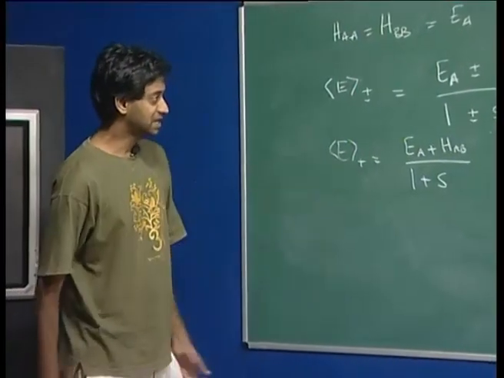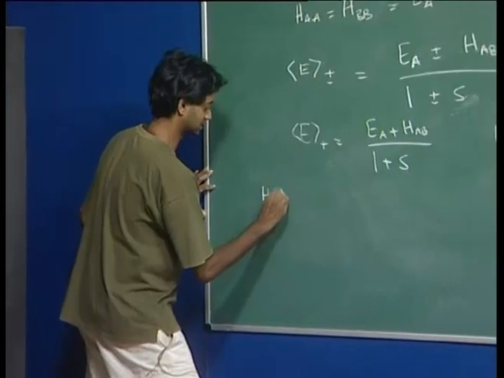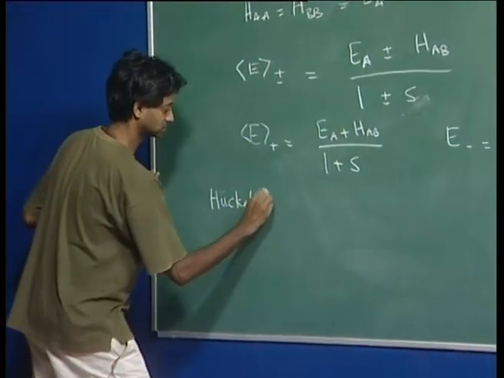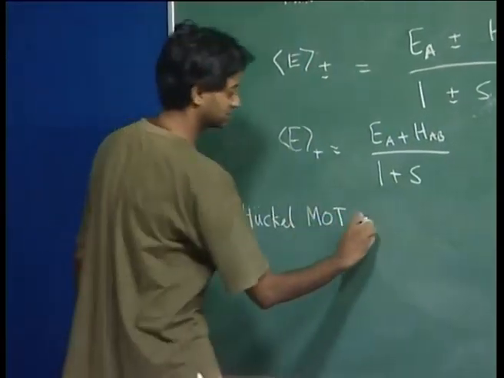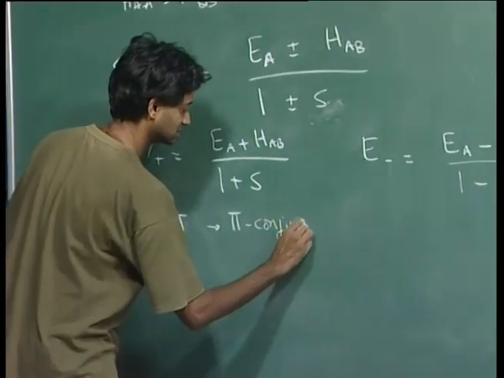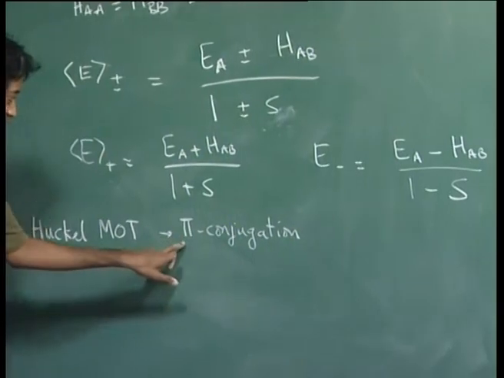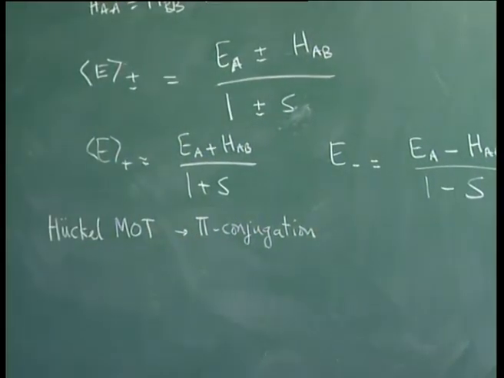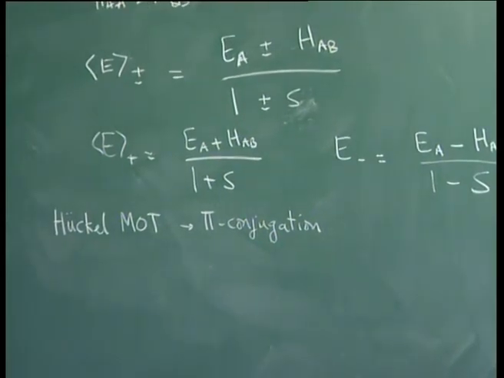So now we'll see an application of this in what is called Huckel molecular orbital theory, which is used to describe systems that have pi conjugation.